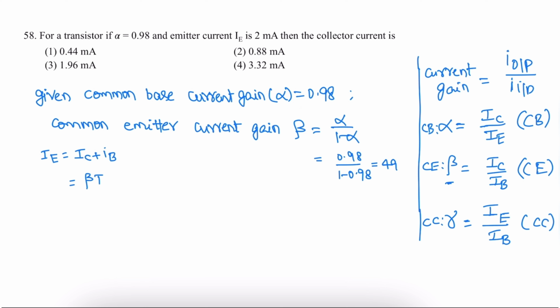So IE is equal to beta IB plus IB, that is beta plus 1 times IB. So this is the total current. We know the beta value is 49, so 49 plus 1 into base current.